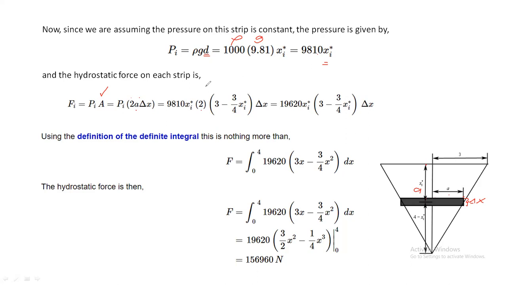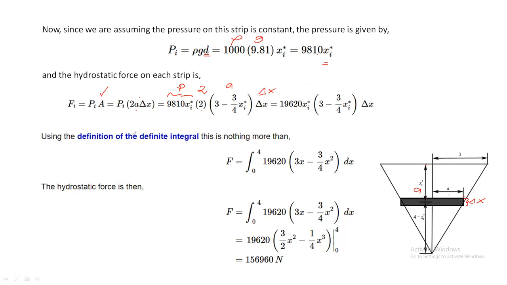So this is your 2, this is your A, and this is your delta x, and this is your P, the entire expression. So P times A is equal to the hydrostatic force, that's F. If you do the mathematics, you have this multiplied by 2. That would be 19,620 x sub I asterisk. This one was just copied, and you have here delta x.